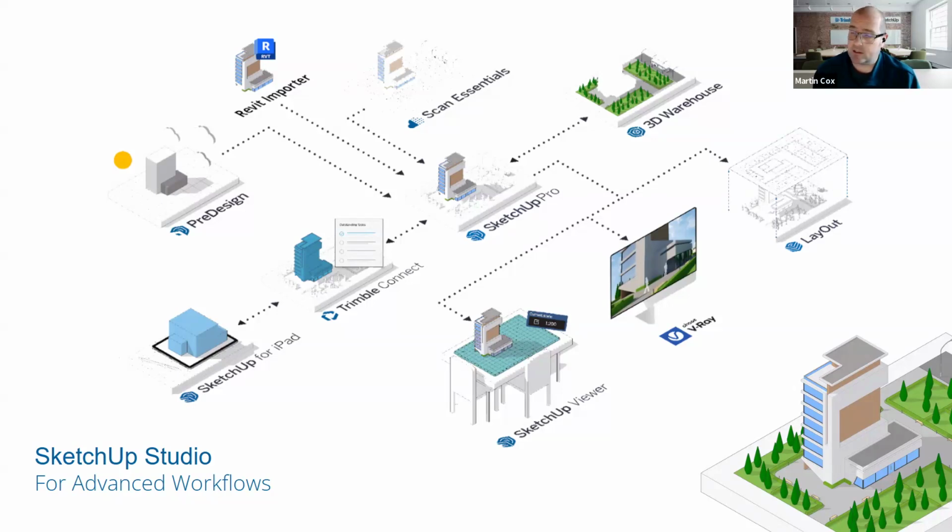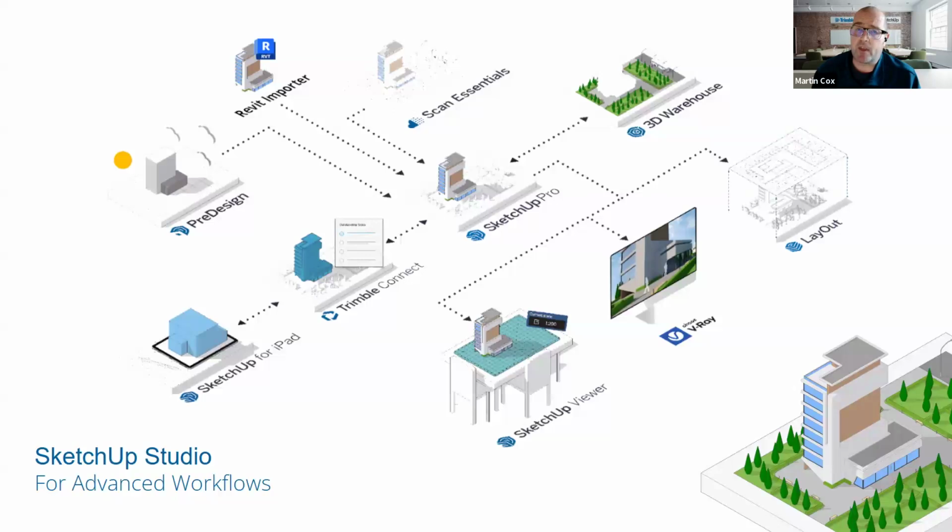Things like SketchUp for iPad, you have that available. Trimble Connect, their cloud storage and project management tool, is included in your SketchUp Pro license. The 3D Warehouse tools, the SketchUp viewers and Layout as well.